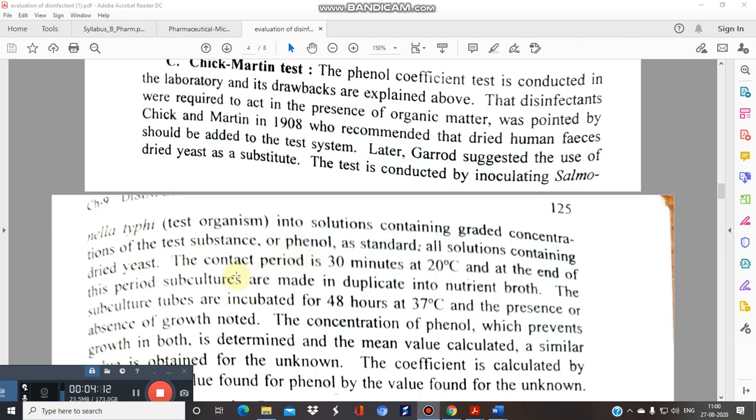The contact period between the microorganism and the disinfectant is 30 minutes at 20 degrees Celsius.